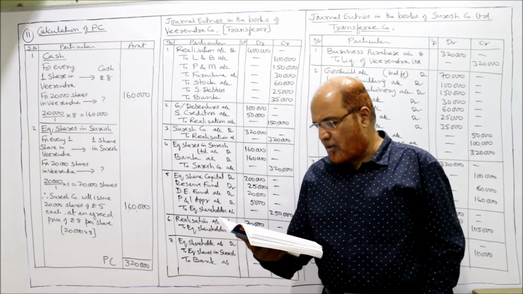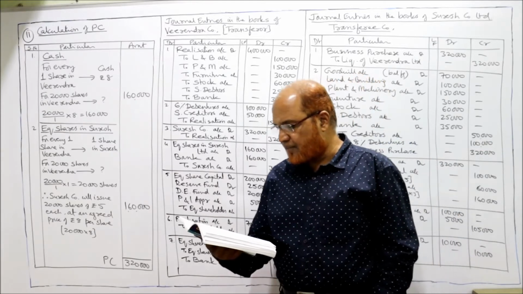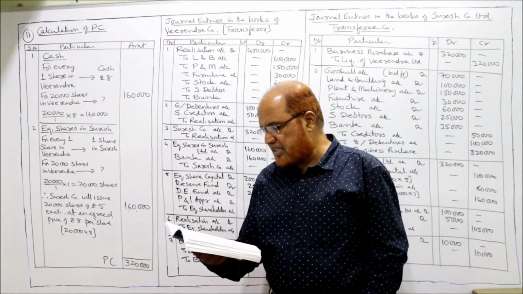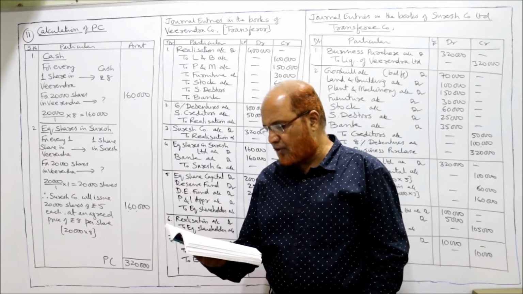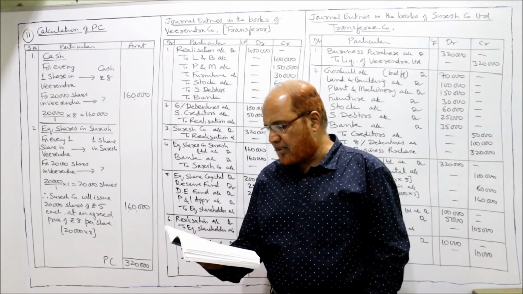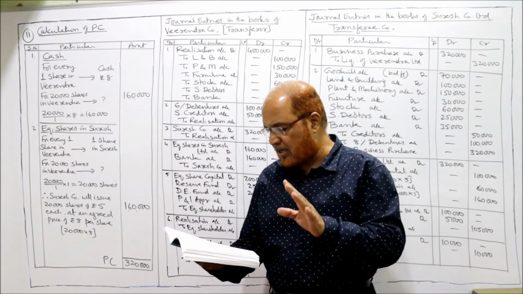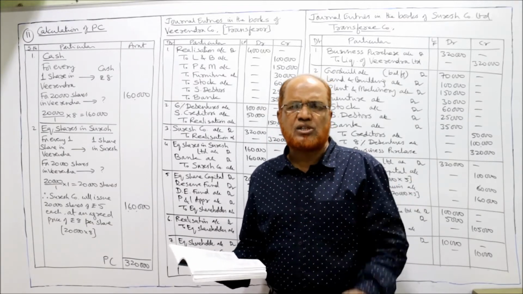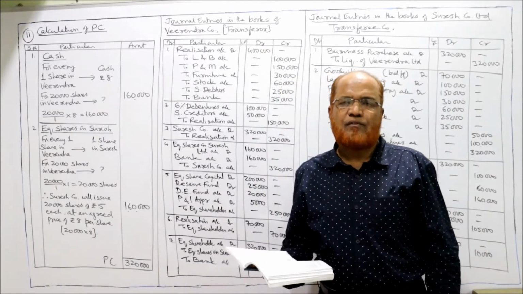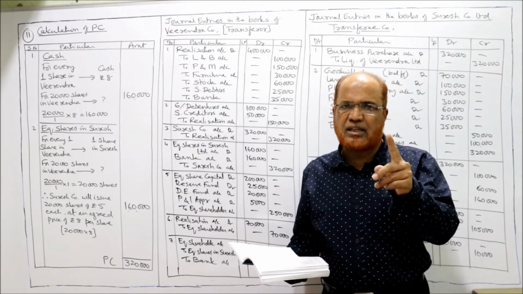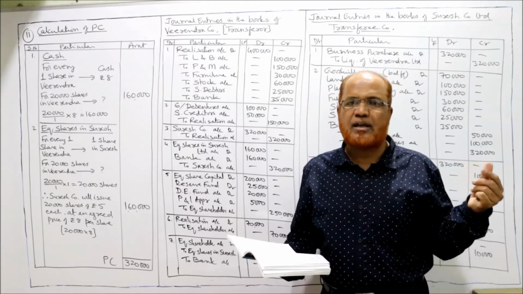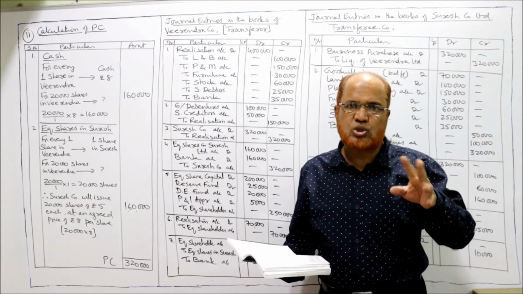In Virendra Company, the debentures will be transferred to realization. It will be taken over by Suresh Company and Suresh Company will discharge their obligation. Now, taking over the liability in respect of sundry creditors, a payment of 8 rupees in cash and 1 share of rupees 5 in Suresh Company at the market rate of 8 rupees per share in exchange for 1 share in Virendra Company Limited. Just like the last two problems, for every 1 share in Virendra Limited, Suresh Company agrees to give 1 share. 1:1 ratio.